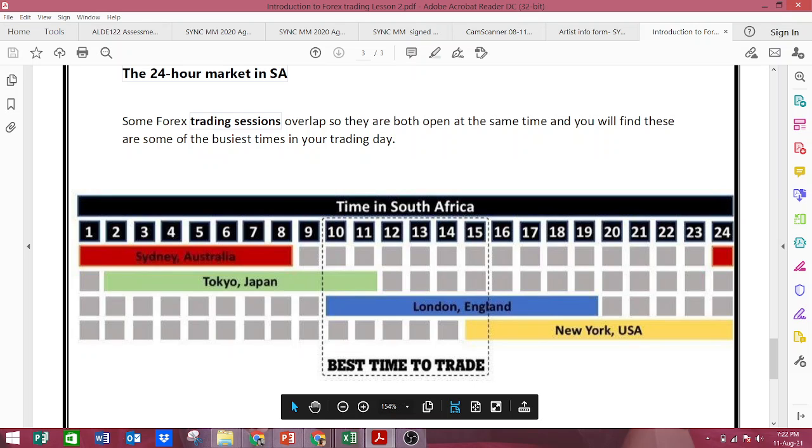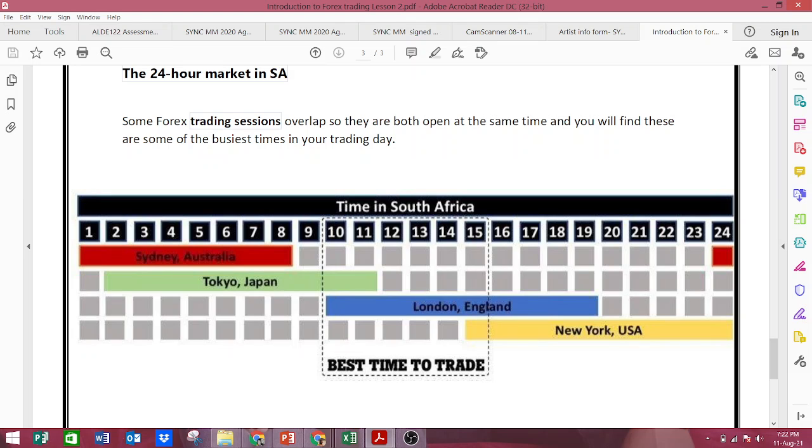As you can see, the first one, in red, is the Sydney Australian session. It opens at 12 and closes at 8 a.m. The second one, the Tokyo or Japan session, opens at 2 a.m. and closes at 11 a.m.